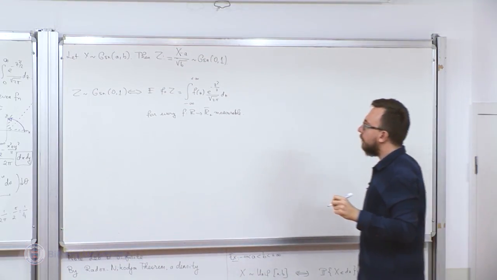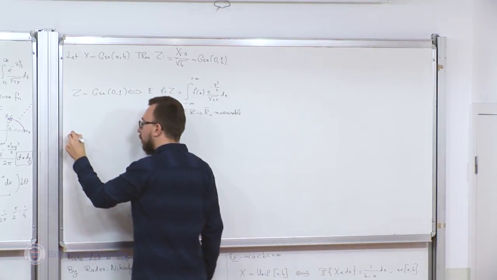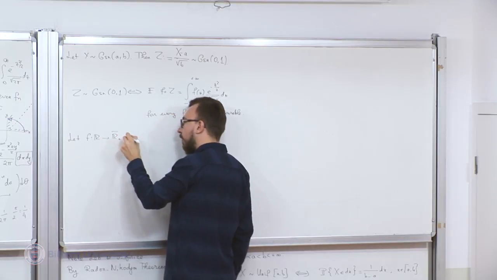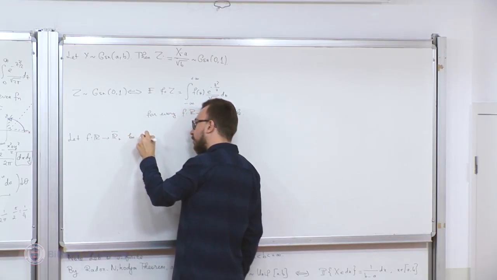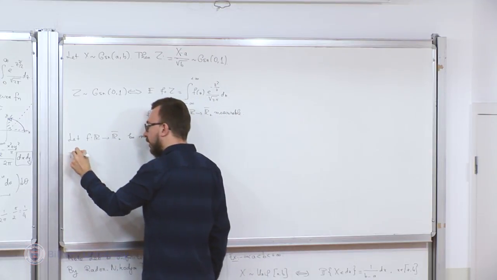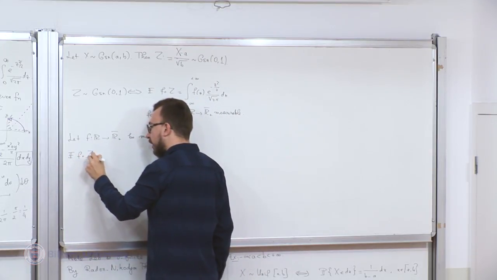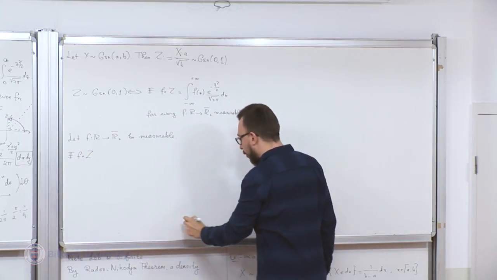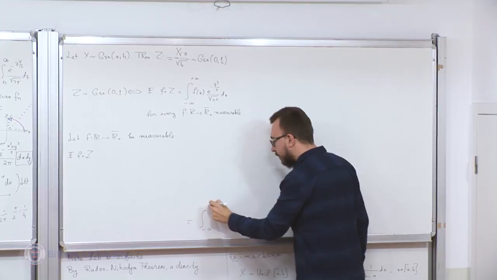Let's check this. So let f be from R to R bar positive, measurable. So now we're going to calculate this quantity, f applied to z, and hopefully at the end of the day we're going to get this expression.